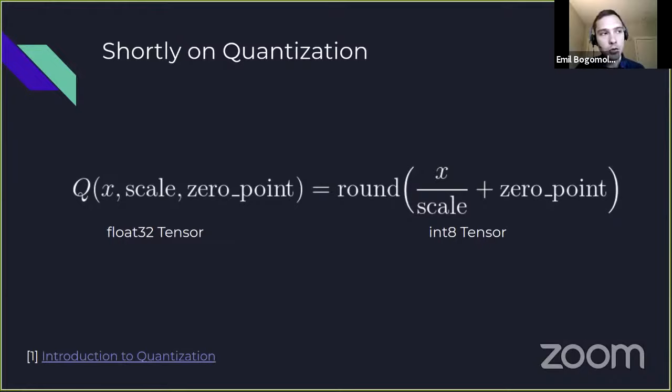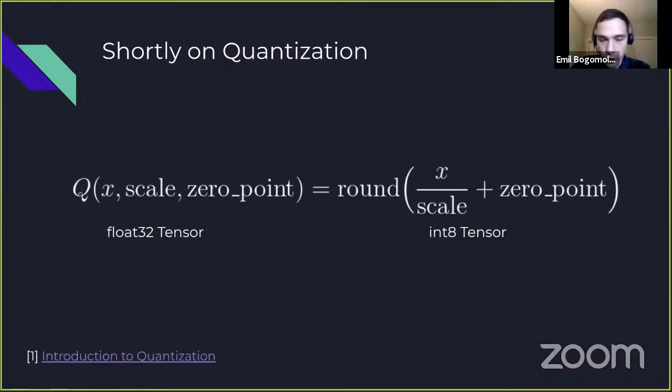It is about converting float tensor weights of neural networks to integer weights. That leads to four times smaller memory footprint of the network, and we sometimes end up with up to four times faster networks.